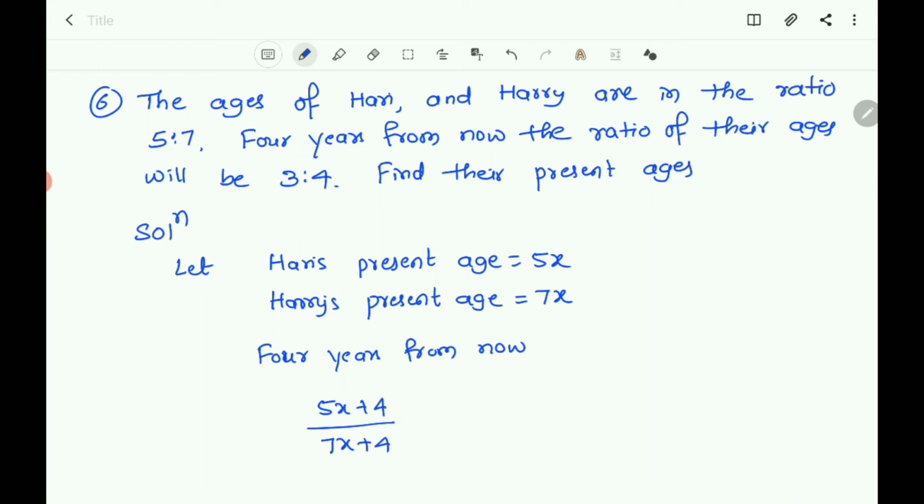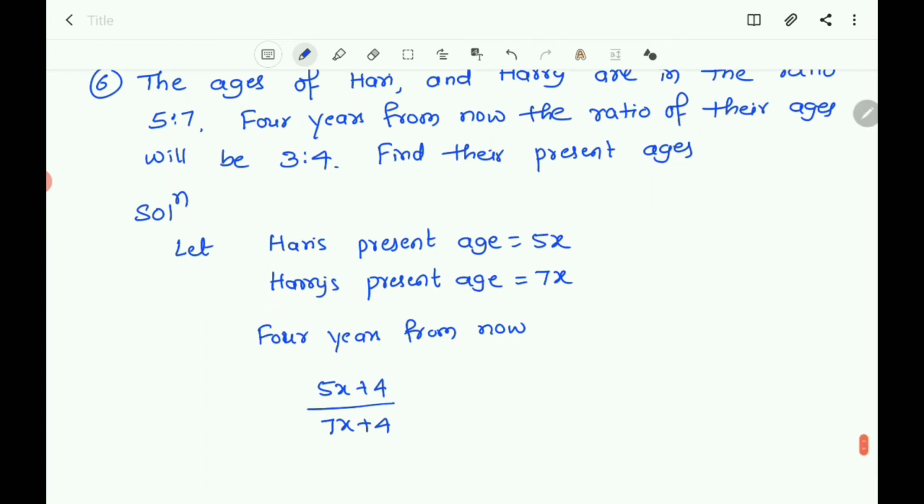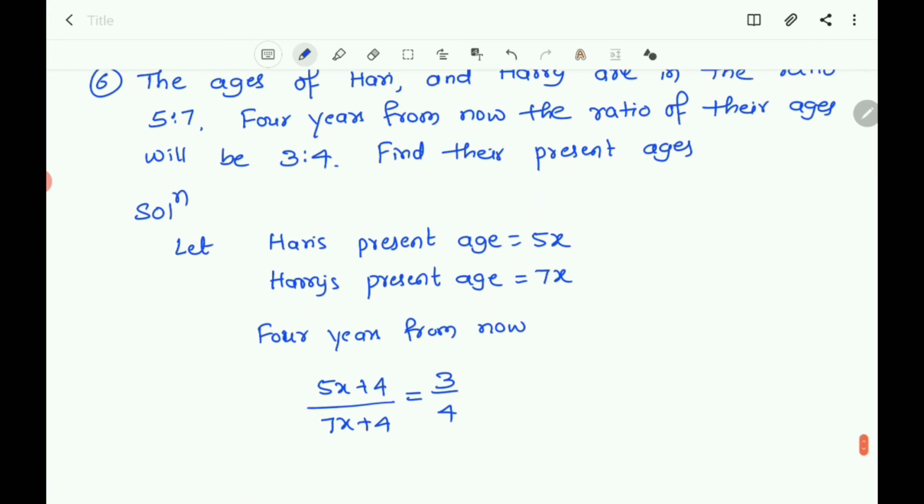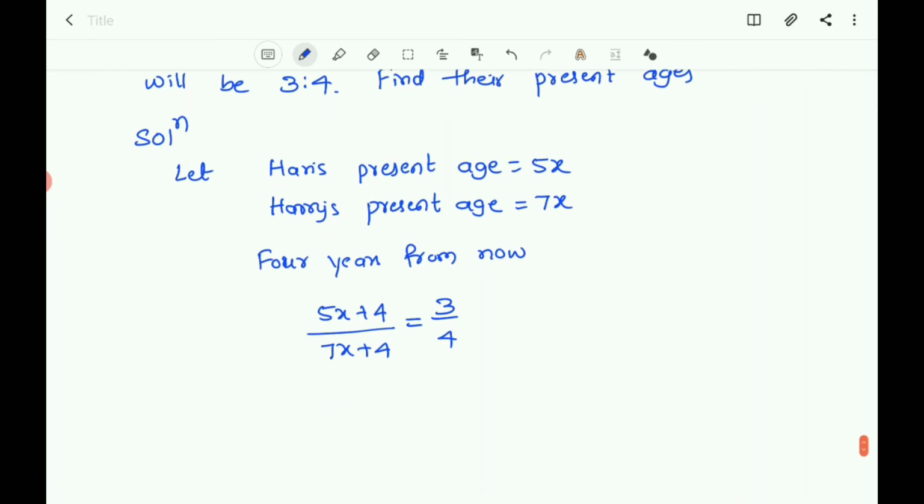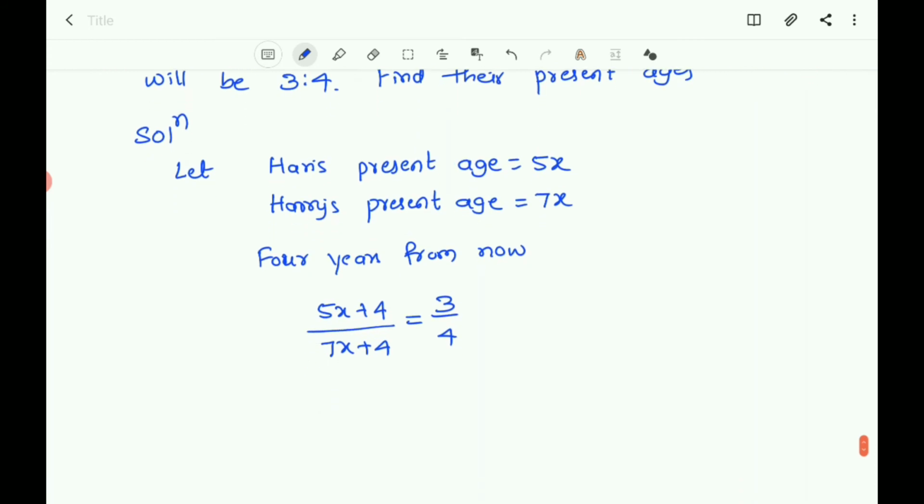Here after 4 years, Hari's age is 5x + 4, Harry's age is 7x + 4. The ratio of their ages after 4 years is 3/4. That is (5x + 4)/(7x + 4) = 3/4.